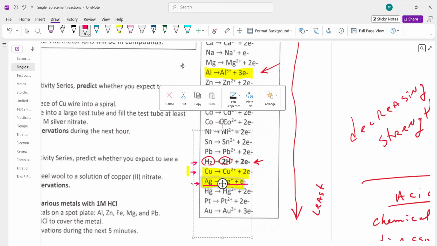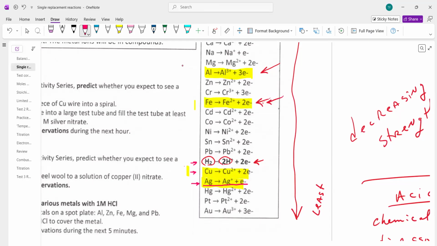Okay, so now we have to balance this thing. Now, so we have H2 hydrogen gas gives off 2 H pluses and 2 electrons.